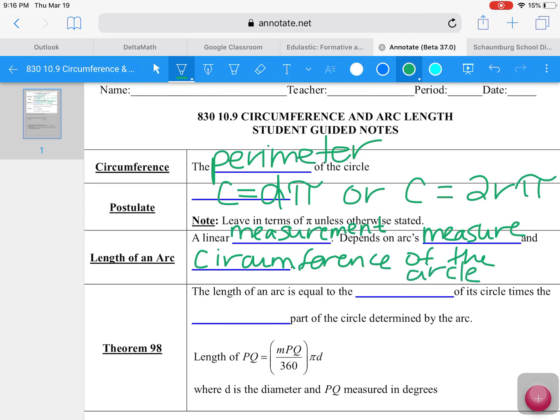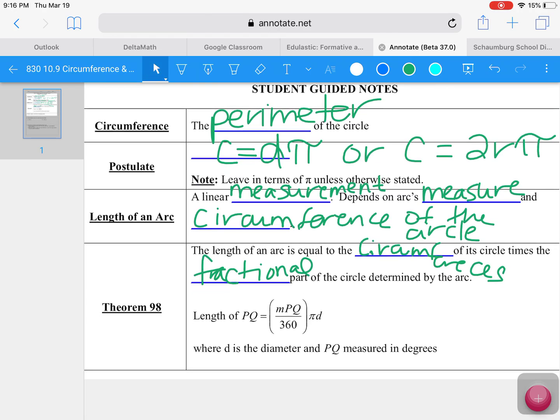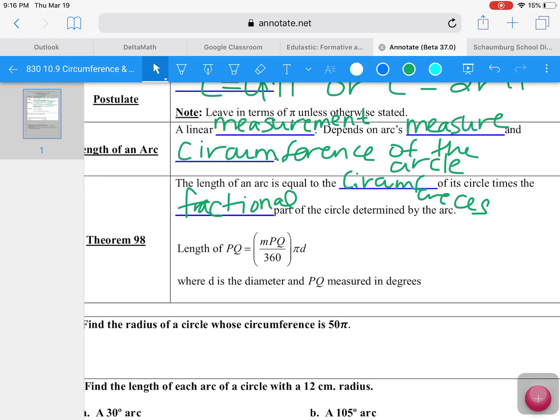So the length of an arc is equal to the circumference times the fractional part of the circle. So you remember that to find the length of an arc, you take whatever the degrees are and put them out of 360, because there's 360 degrees in a circle.